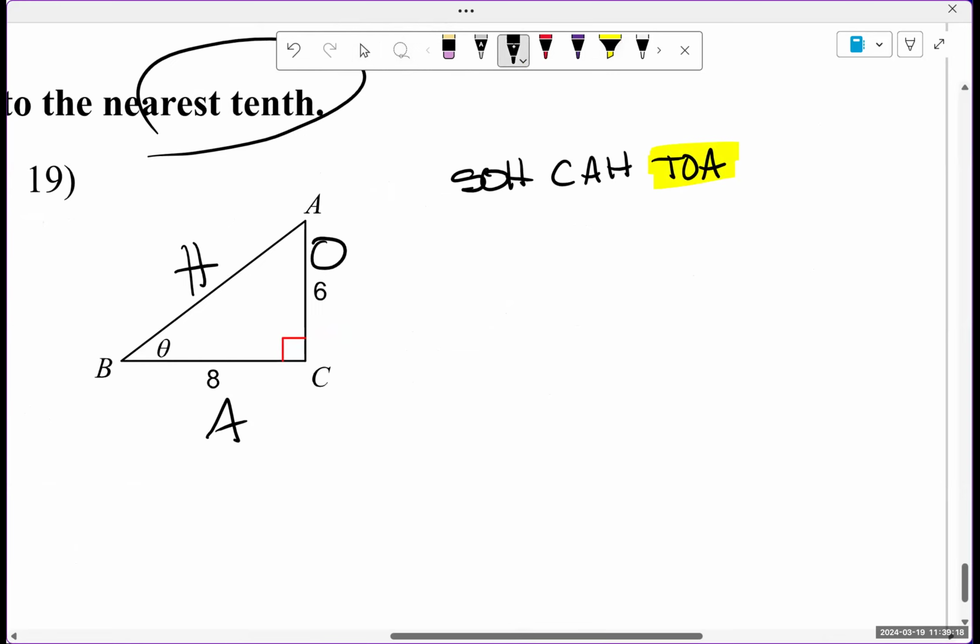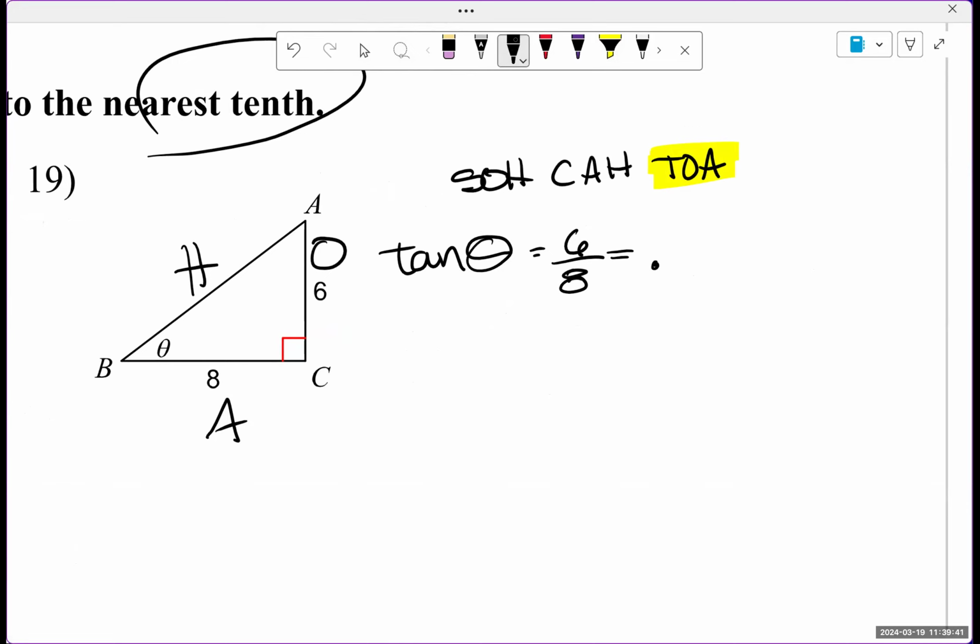Opposite and adjacent, tangent. I don't need x, I'll just use theta. Tangent of theta is opposite over adjacent. When I'm finding the angle, what is my next step? Divide 6 by 8, which is 0.75. So tangent of theta is 0.75.